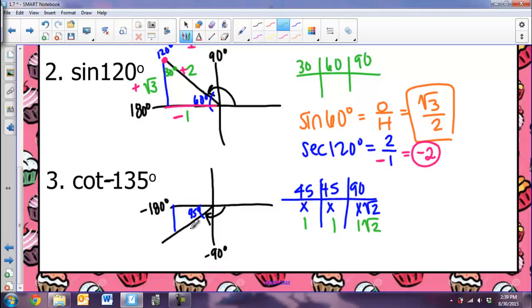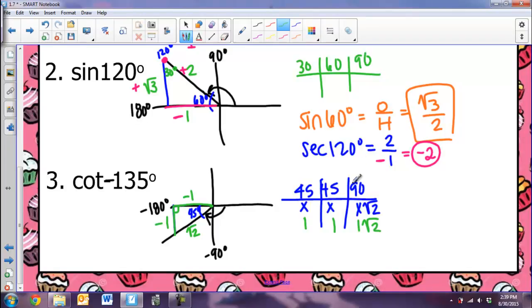Now, that makes your hypotenuse. Remember, that one's always going to be positive, so that's √2. However, I went to the left right here, so this length is 1, but we're going to call it -1. I went down to make that altitude, so this is also going to be -1. So in quadrant 3, remember, both of your coordinates are negative, so both of your legs will be negative.